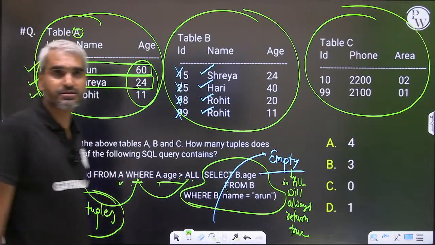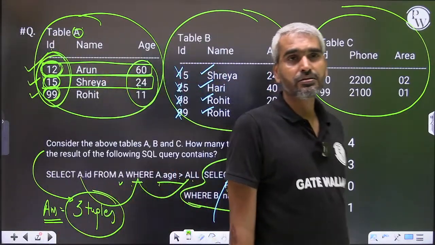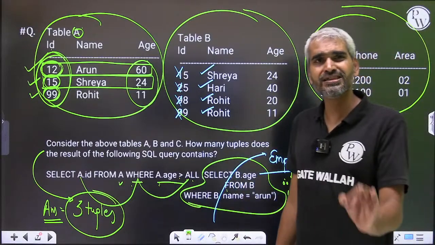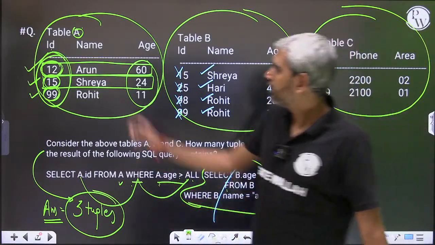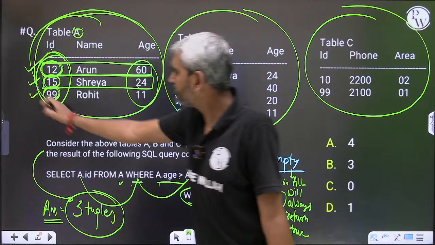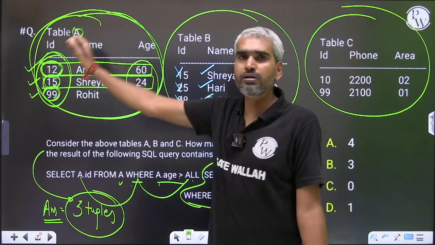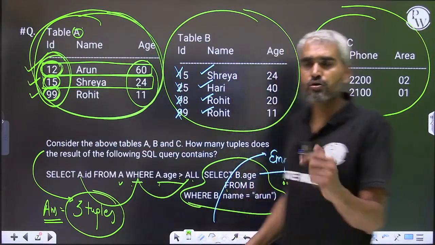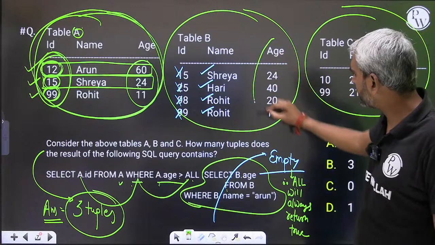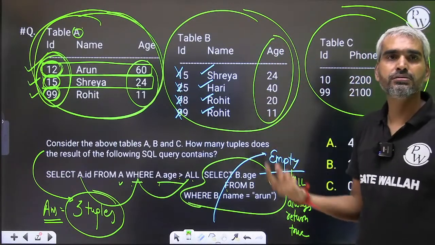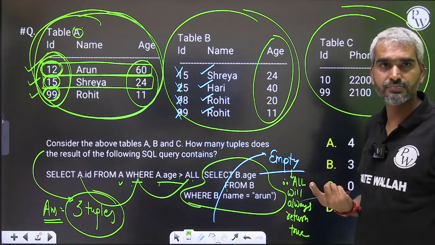Yes, Nishu, what are you trying to ask? Just said that, sir, if all tuples selected, which all tuples? All the tuples of table A, or you mean to say all the tuples of table B, which all the tuples are selected?